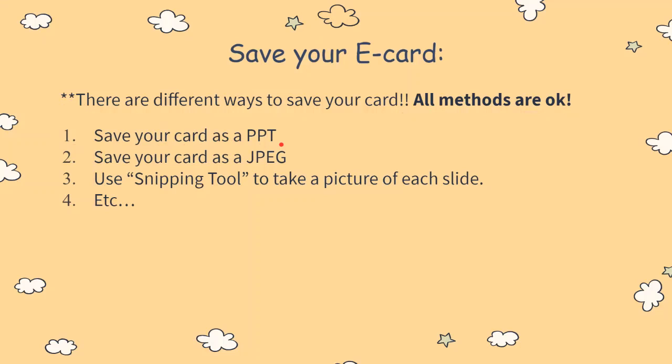Only your 2 slides. 2, you can save your card as a JPEG or picture. 3, use the snipping tool on your computer to take a picture of each slide. And there are other methods too. So remember, all methods are okay. You can save it how you want. It doesn't matter.